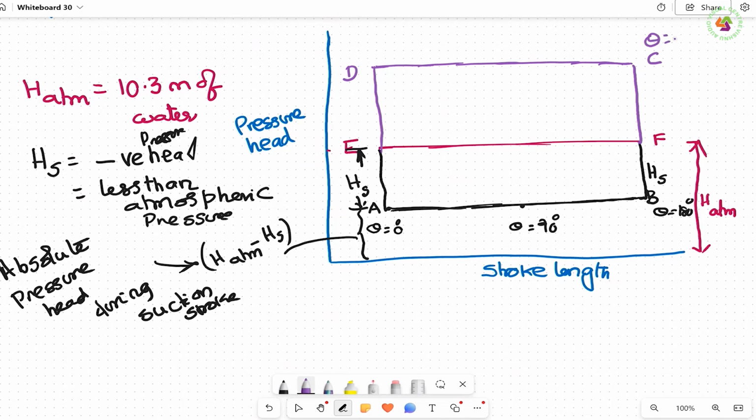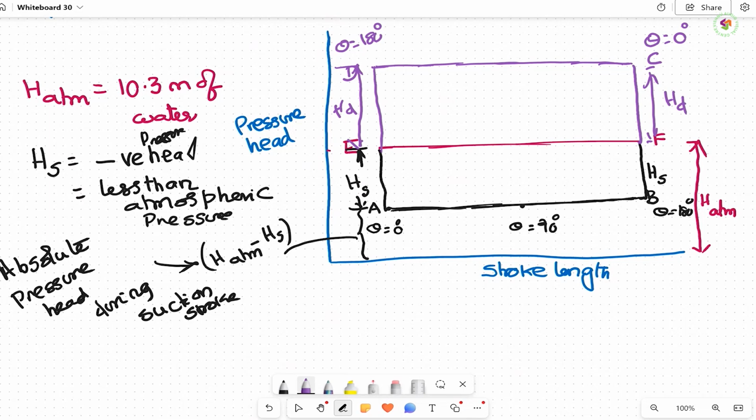Here theta is equal to 0 and this is theta equal to 180. This is the delivery stroke, and this head is represented by HD. So the total head is HS plus HD. HD is above atmospheric pressure and HS is below atmospheric pressure. This is negative, this is positive.